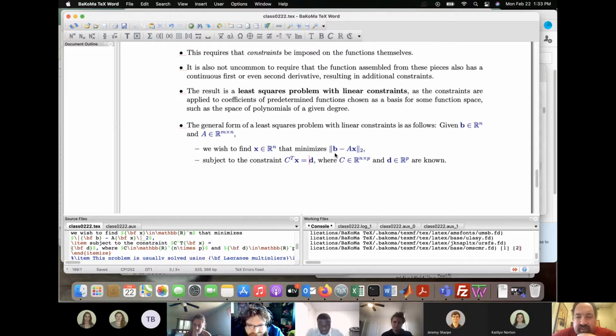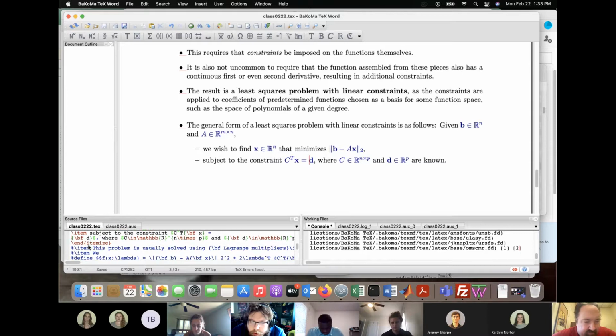And your solution x to this problem also has to satisfy C transpose x equals d. So this system of linear equations describes your constraints on x. And this is your objective function, this is what you're trying to minimize. Now, how can we solve this?